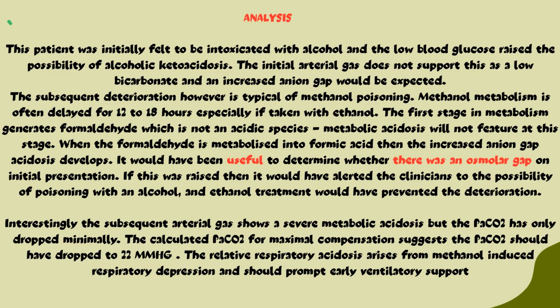Initially, they would have no HAGMA, no anion gap, but if we went on to do an osmolar gap, we could identify a high osmolar gap. So the osmolar gap is the step that would have probably led us to a diagnosis. This patient actually had methanol intoxication, one of the two toxic alcohols that can present this way.